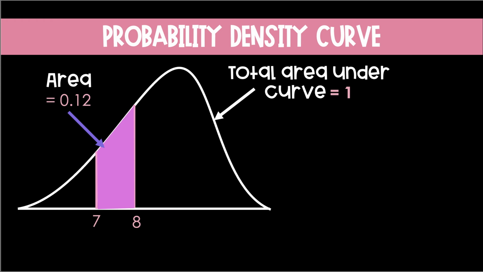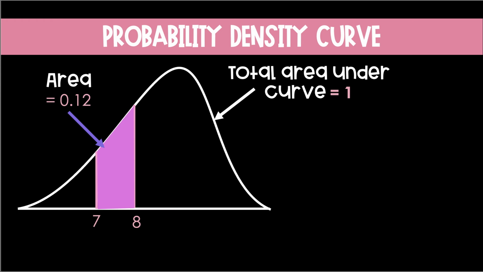Let's look at our first example using the same curve. What proportion of the population is between 7 and 8? Again, as per the information we can get from the probability density curve, the area between two values under the curve is the proportion of the population whose values are between those two values, and it's also the probability that a randomly selected individual will have a value between those two.